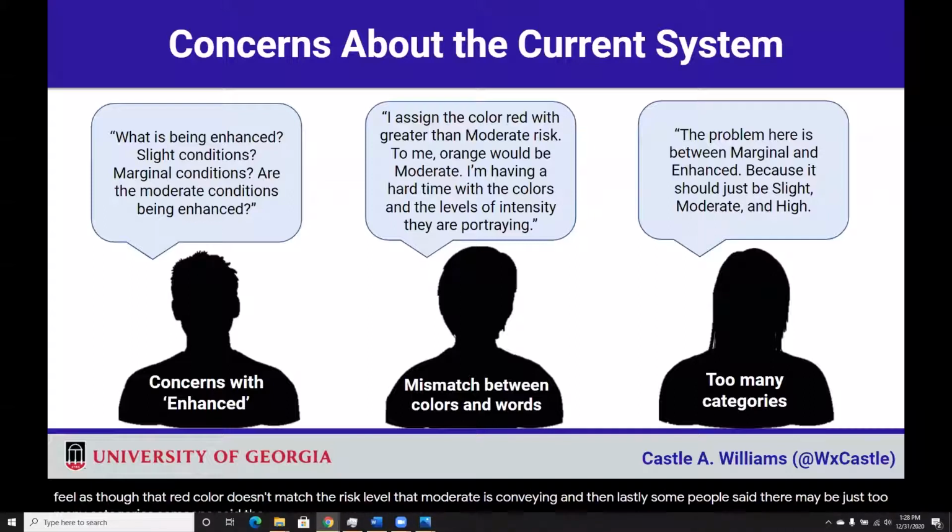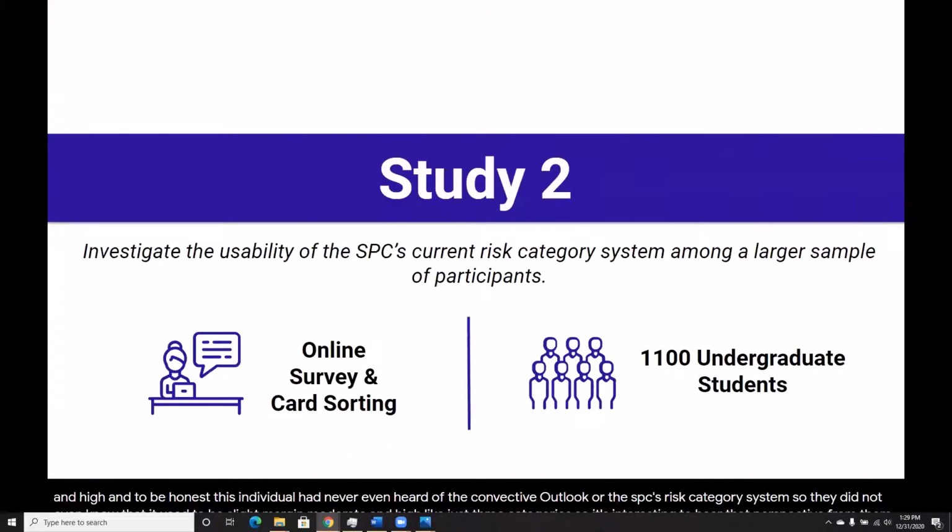Someone said the problem here is between marginal and enhanced, because in my mind, it should just be slight, moderate, and high. And to be honest, this individual had never even heard of the Convective Outlook or the SPC's risk category system. So they did not even know that it used to be slight, moderate, and high, like just 3 categories. So it's interesting to hear that perspective from them.